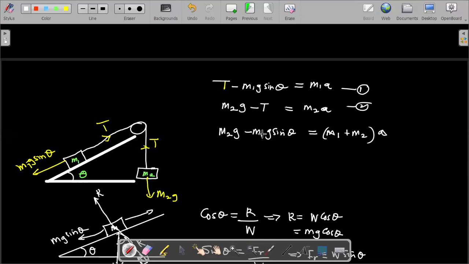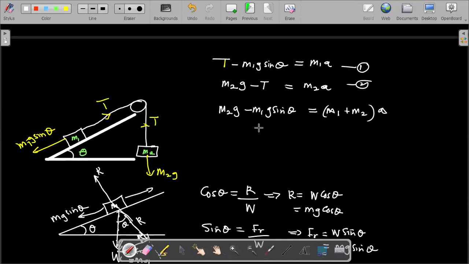Observe that our G is present on both sides, so we can factorize it out and divide both sides, and we have our A to be M2 minus M1 sine theta, everything multiplied by G, all over M1 plus M2.